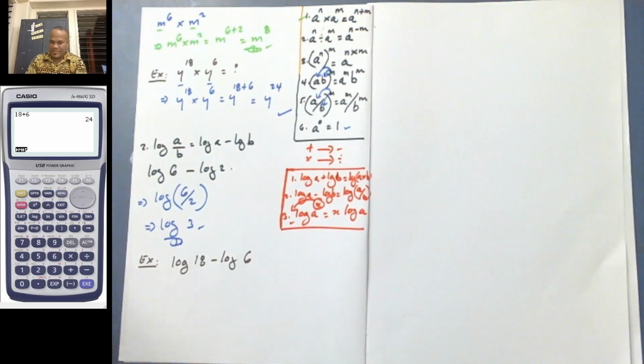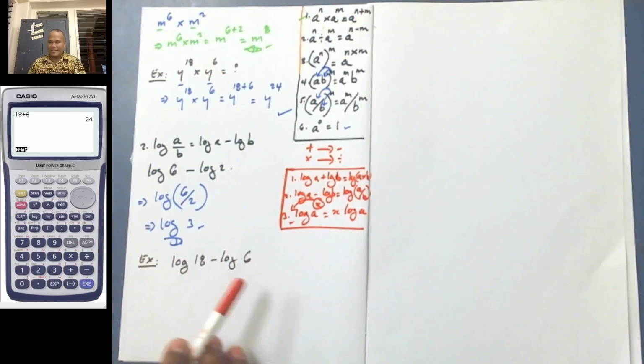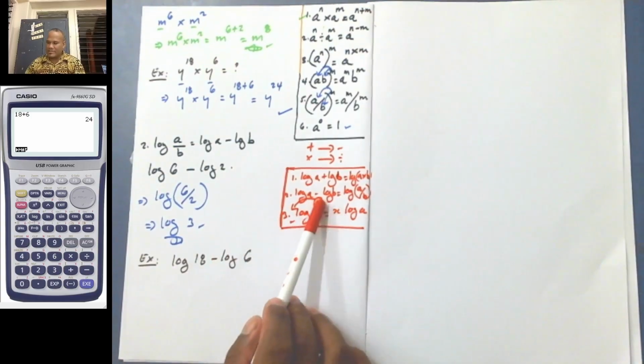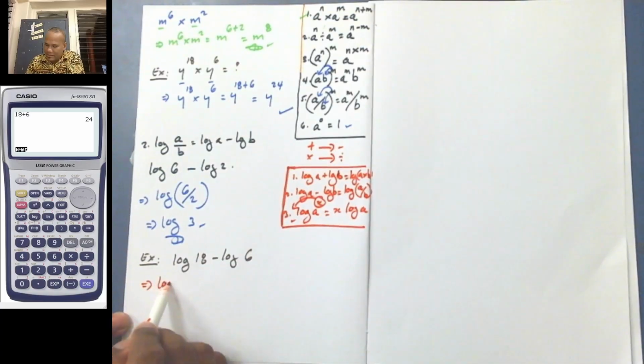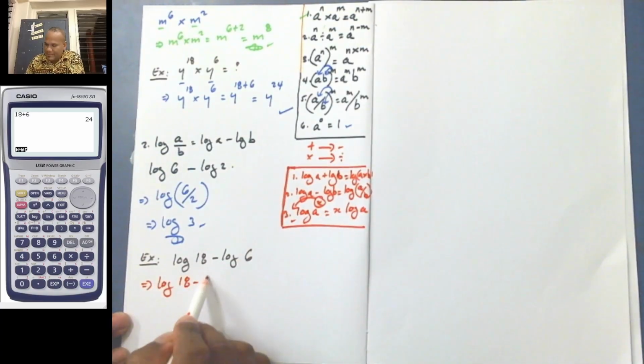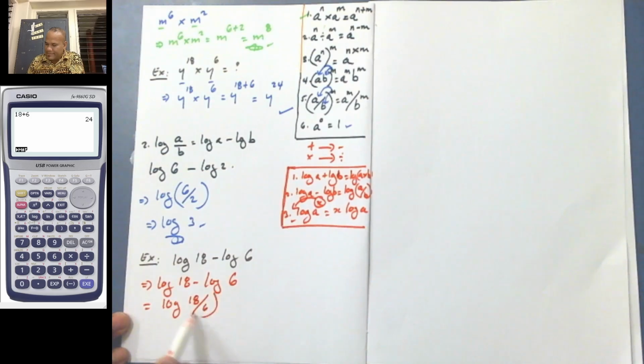Okay, let's try and solve this question. This question is saying log 18 minus log 6. Since it's minus, we'll use the second law. Second law says log 18 minus log 6 is equal to log 18 divided by 6.